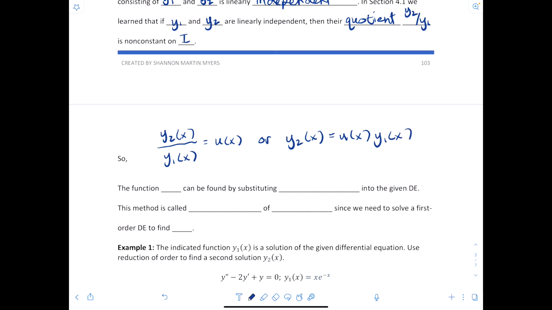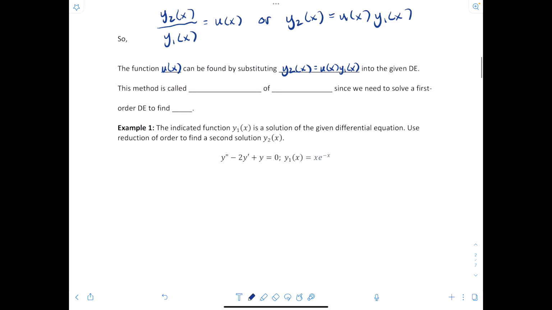The function u(x) can be found by substituting y2(x) = u(x)y1(x) into the given differential equation. This method is called reduction of order, since we need to solve a first order DE to find u.